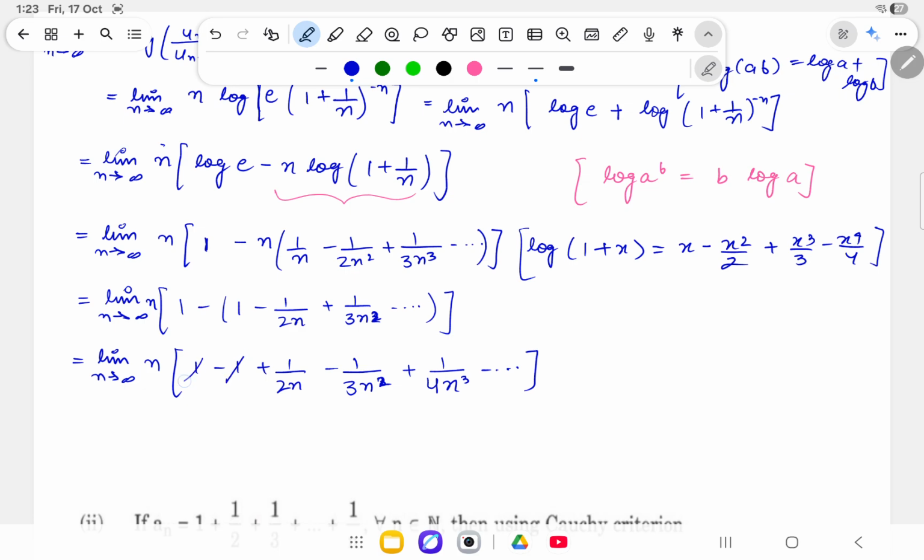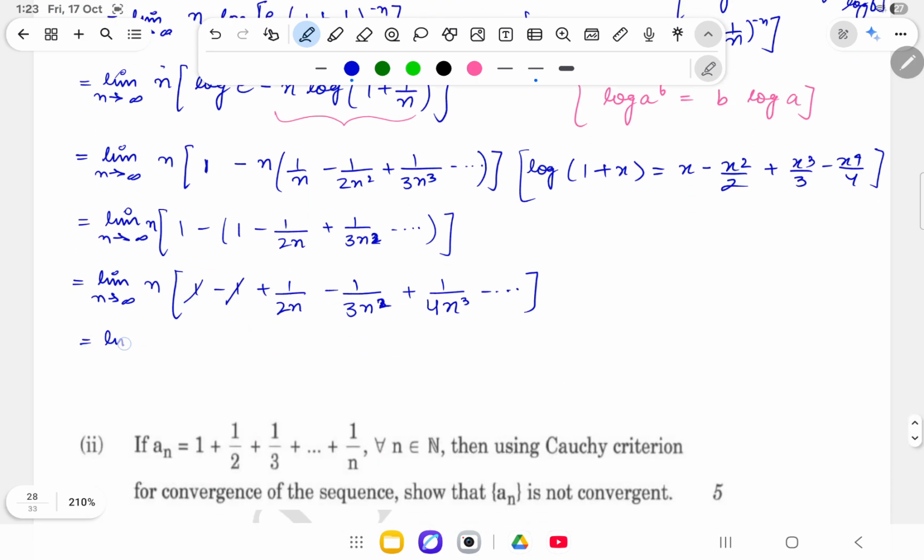And this 1 balances out this, so it will be equals to limit n approaches infinity 1 by 2 minus 1 by 3 n plus 1 by 4 n square and so on. And if we take limit, it will be equals to 1 by 2.